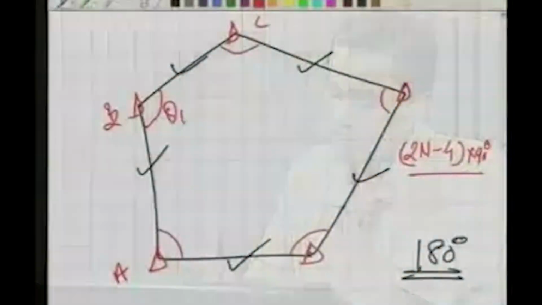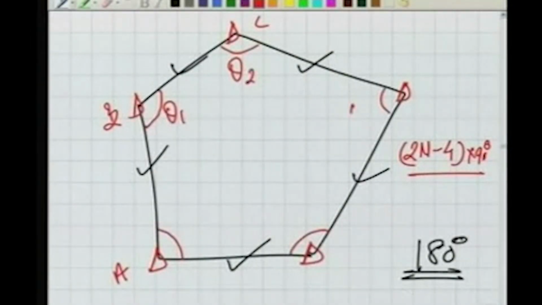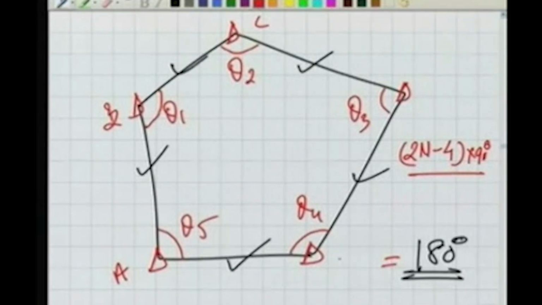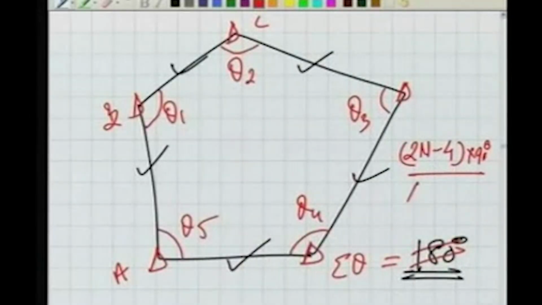Now, once we compute these internal angles, because using the bearings these internal angles are computed, you will find sigma theta. Is it equal to this particular value or not?